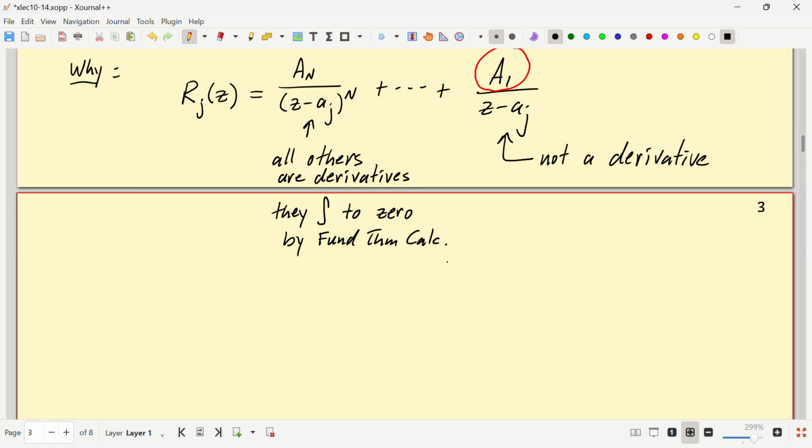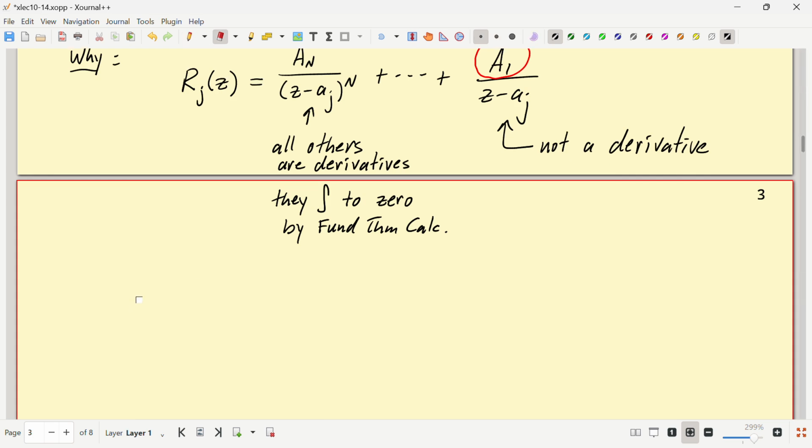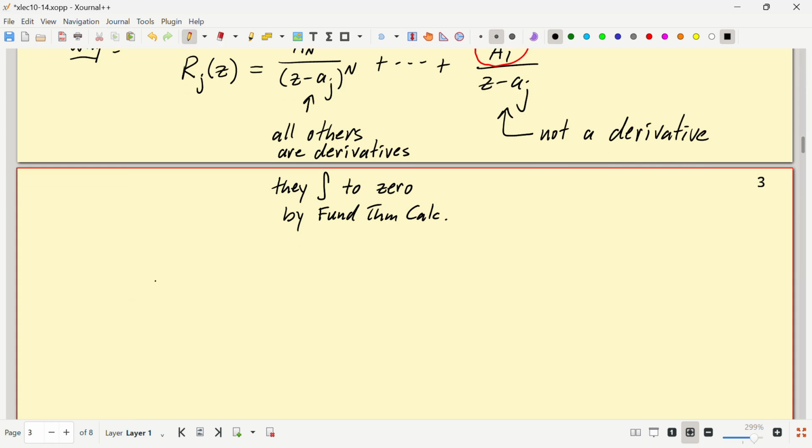And so we see that the integral of, let's see, I need to see why that integral of the a1 term is 2 pi i a1. Now I would have the integral of rj dz around gamma would just be the integral of a1 over (z minus aj).